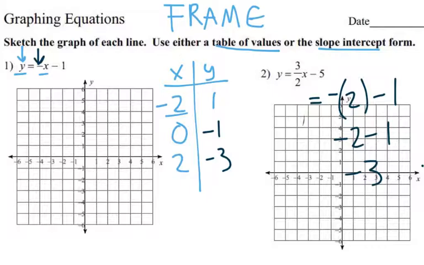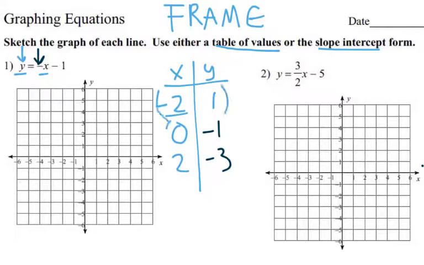There's our next one. Now, once we've got that table, these turn into the points, the ordered pairs. So I graph -2, 1; 0, -1; and 2, -3. I've got 3 points. I can see a pattern. Now, if I wanted to, I could find the slope: down 2, to the right 2.